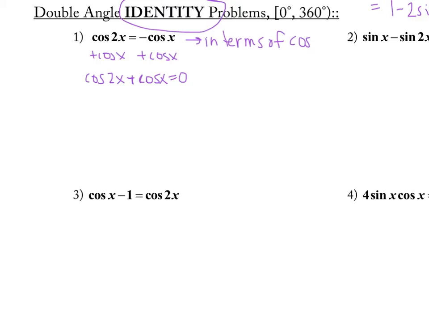So now we have 2 cosine squared x minus 1 plus cosine x equals 0. Okay. That's the same thing as 2 cosine squared x plus cosine x minus 1.